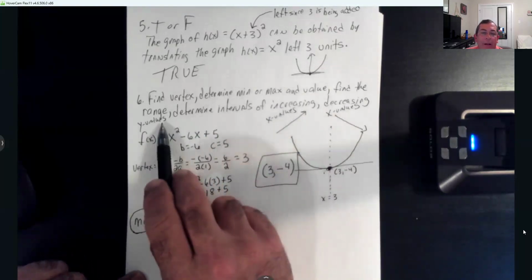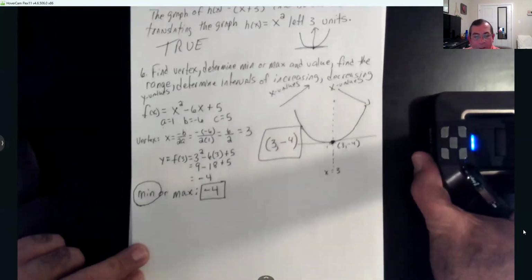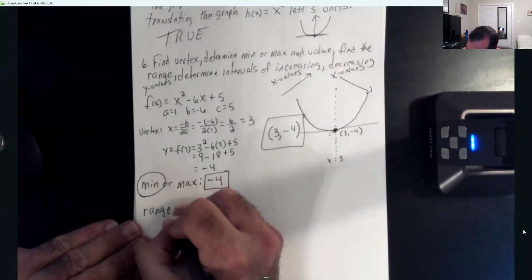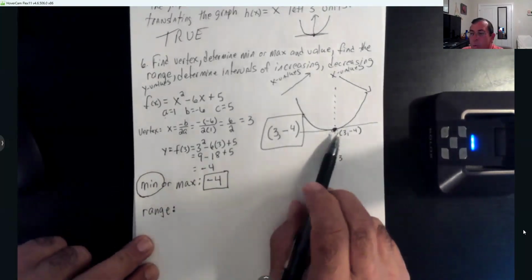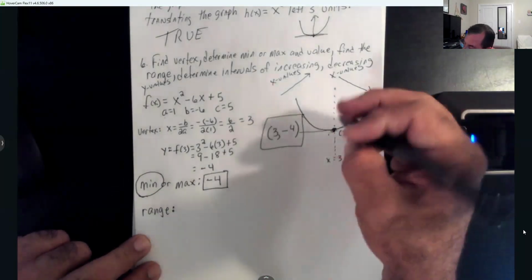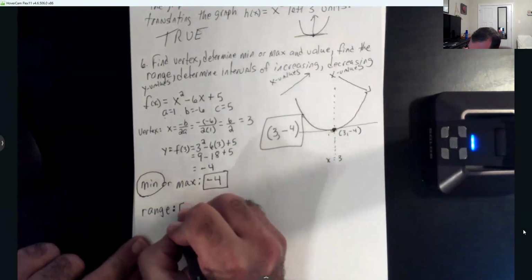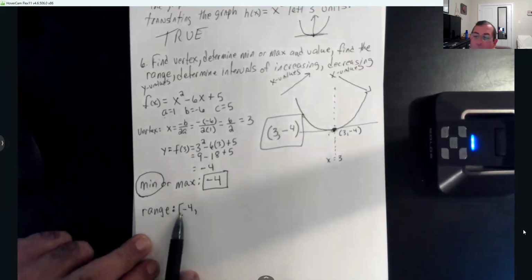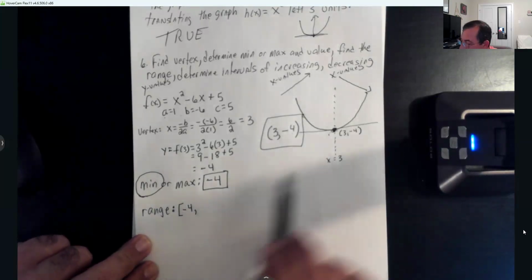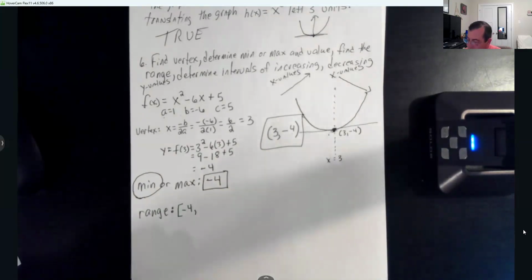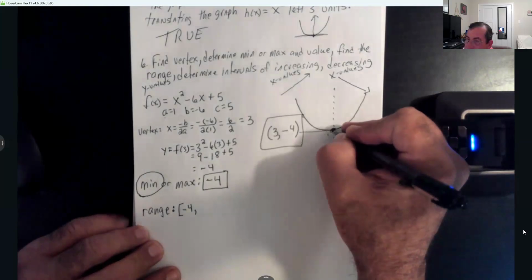All right, the range. Y'all, this is new for this section. So since we got a minimum y value of negative 4, that will be in the bracket: [-4. You use brackets around numbers on the range, okay? Because brackets means it includes that number. Now, y'all, watch this.